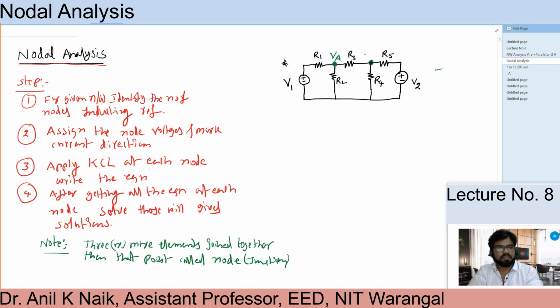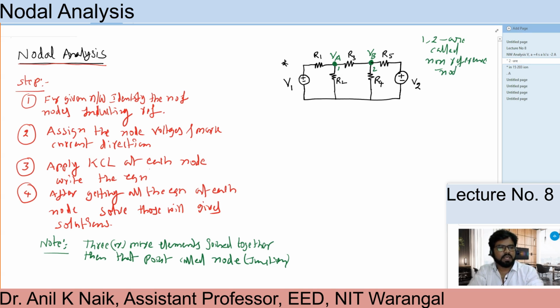At these nodes, I am assigning the voltage VA and the voltage VB. So these two nodes, VA and VB, points 1 and 2, are called non-reference nodes.